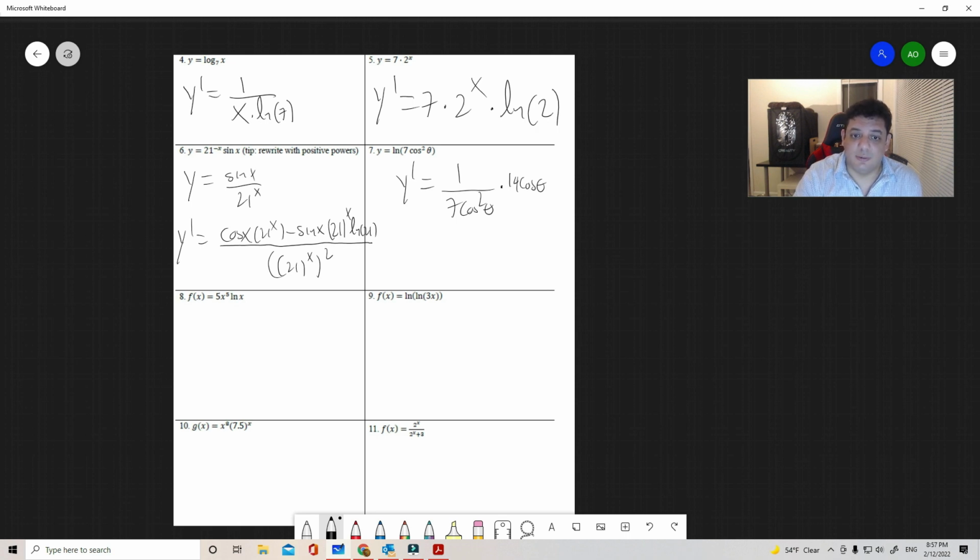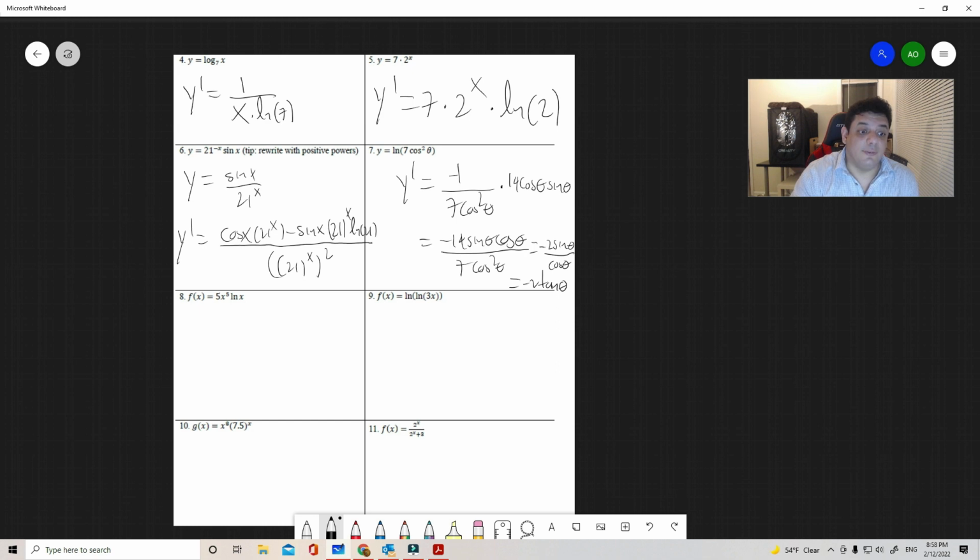So the result is minus 14 sine of theta cosine of theta over 7 cosine squared of theta. We can simplify this a little more. The 14 with 7 gives minus 2 sine of theta over cosine of theta. So at the very end this is minus 2 tangent of theta.